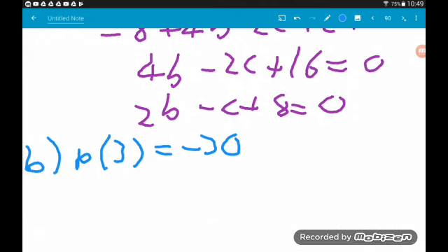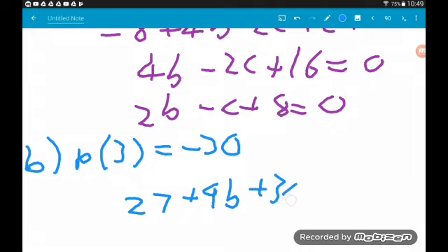So we get 3 cubed, which is 27, plus b times 3 squared, so that's going to give us 9b, plus 3c, plus 24. Now we know that that is equal to minus 30. Good times.